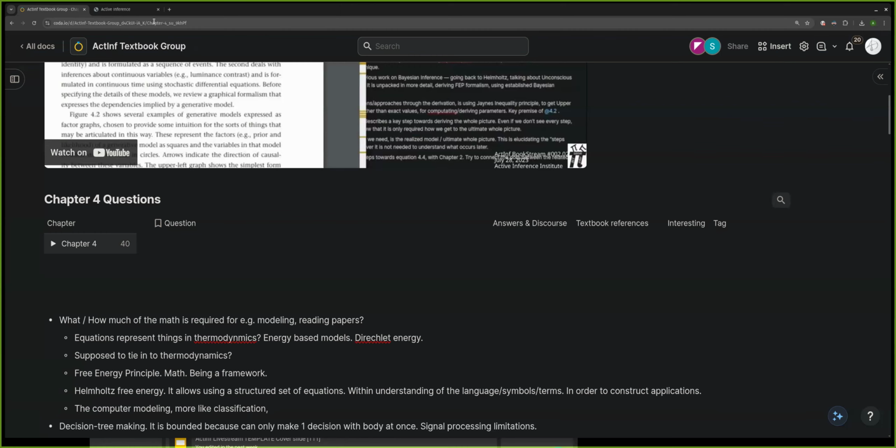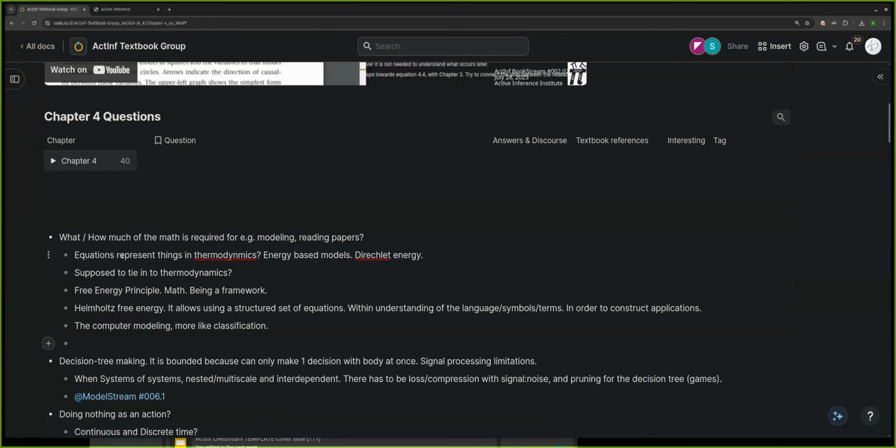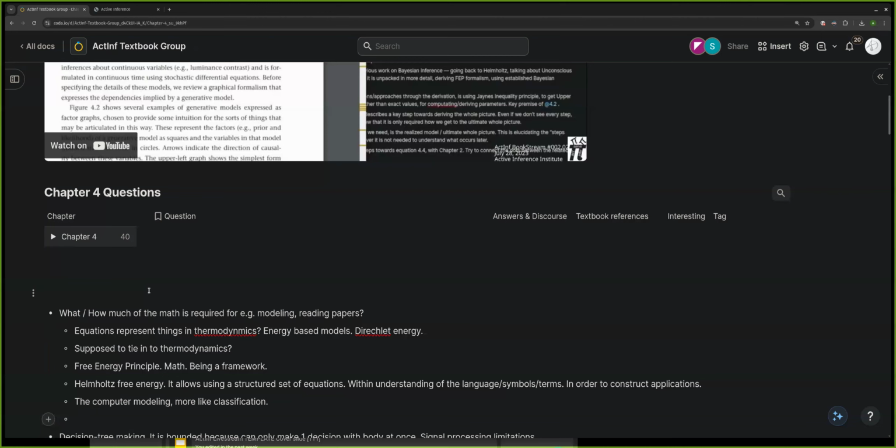I want to hear you talk about this more, Daniel, but bringing in those who want to apply the principle to these different applications, whether it's on the molecular level or the social level, the framework can be used. I really think that's the value of the free energy principle. It's just a common language that can be used in all these different applications.